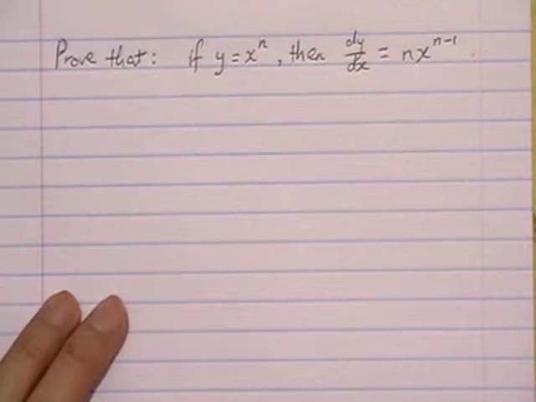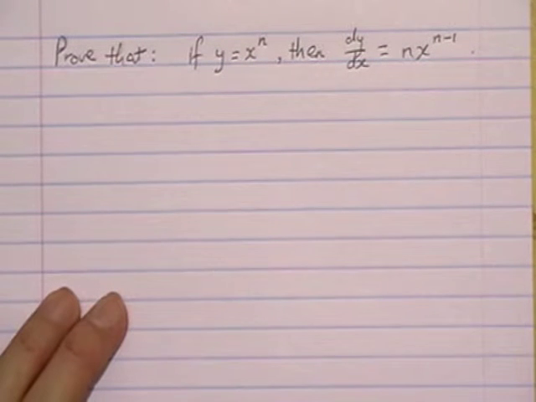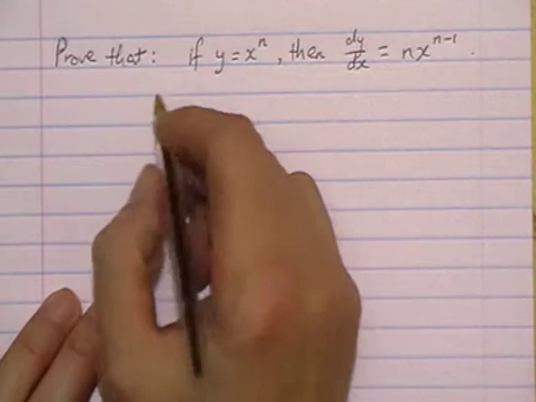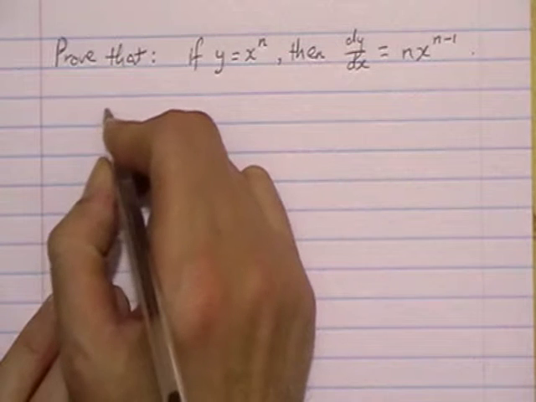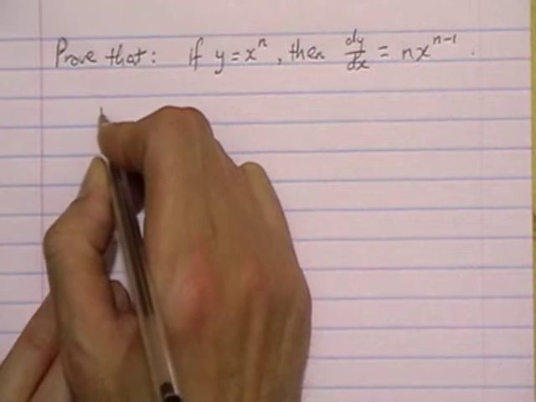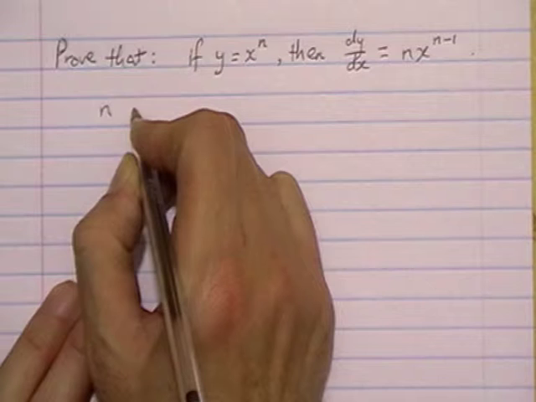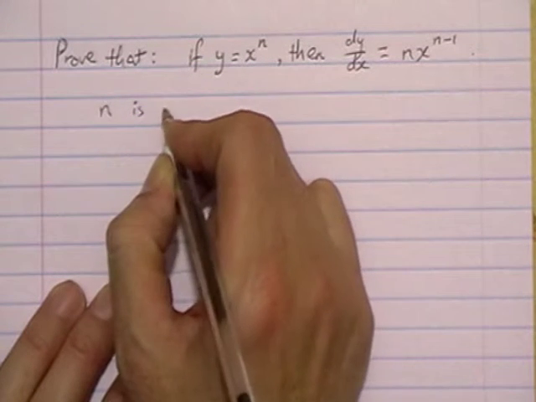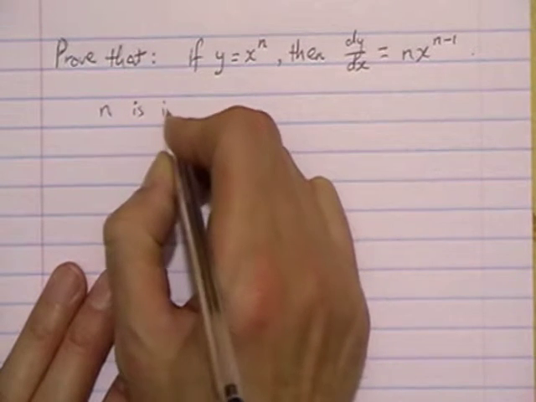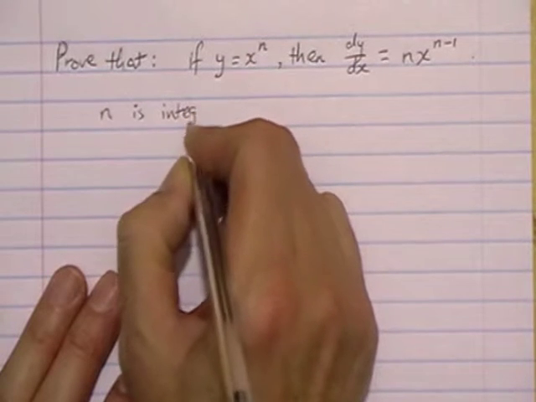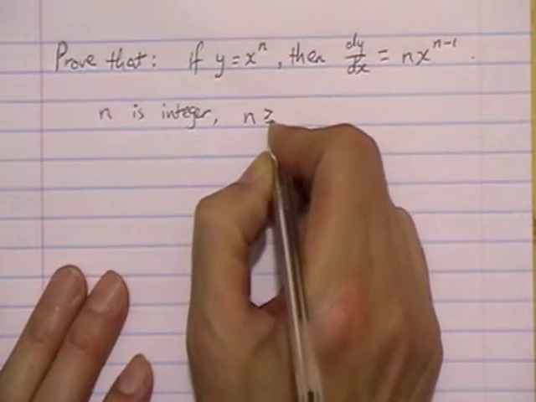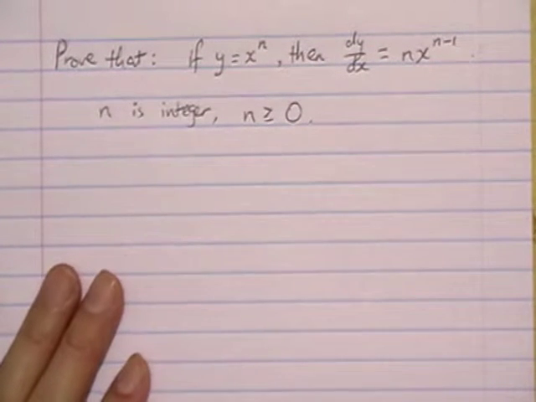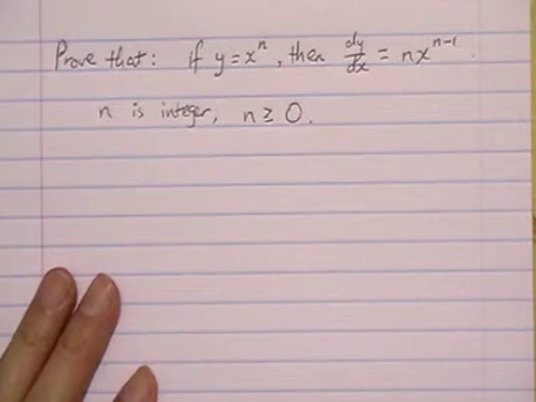Now in this proof, I shall only do it for n an integer. Okay, so n is an integer which is more than or equal to 0.